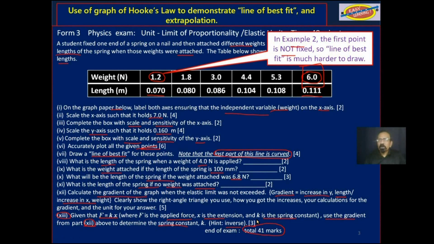Now you would note that in this example 2, the fixed point is not given. In the previous example, we had a fixed point, which was 0, 0. Now this one, the first point is 1.0 and 0.070. So this is a little harder to do than if you have the first point being fixed.